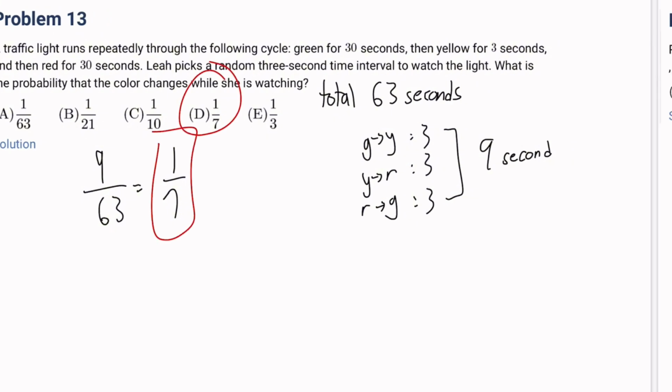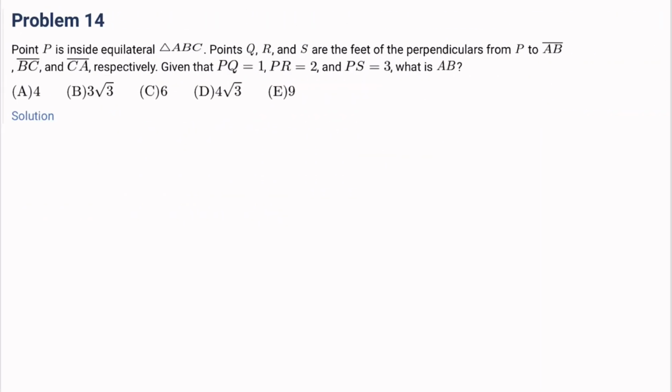It's D. Number 14, point P is inside equilateral triangle ABC. Points Q, R, and S are the feet of the perpendiculars from P to AB, BC, and CA respectively. Given that PQ equals 1, PR equals 2, and PS equals 3, what is AB? Okay, so if we bring out an equilateral triangle like that, let's say this is A, B, and C, right?